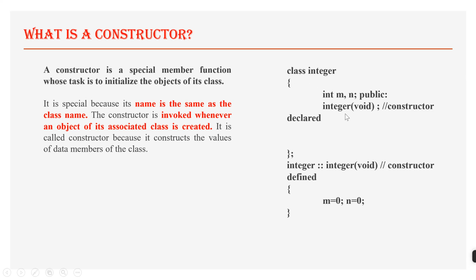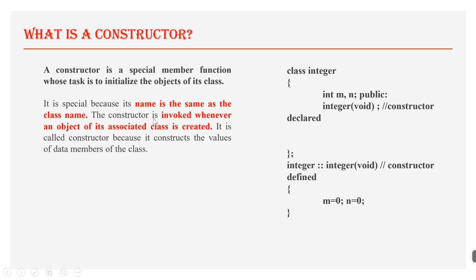Now I am declaring a constructor here. How? Integer. I cannot call any function other than Integer. If you define a function called Integer inside a class called Integer, it is going to be a constructor. As mentioned in the comment, constructor declared. So the condition is that the name of the function should be the name of the class.